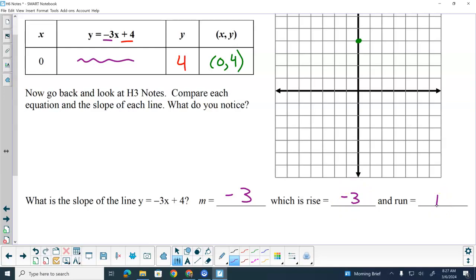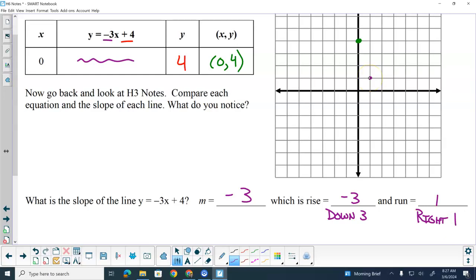In terms of directions, what directions are those two? -3 is down. Running 1 is right. Okay, so this would be down 3 and right 1. 1, 2, 3, right 1.